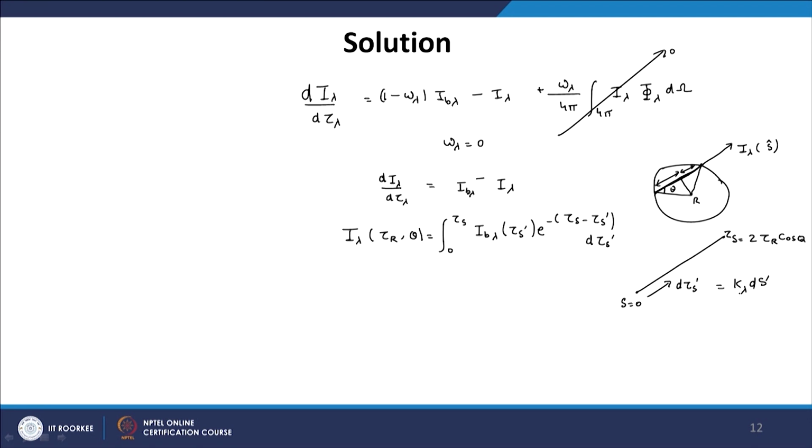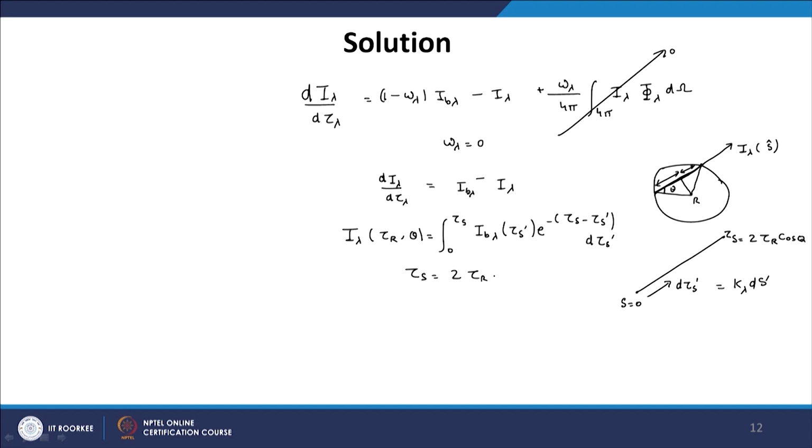So, this is the solution for this path. I lambda, which is a function of tau r and theta, is equal to the integral from 0 to tau s of I b lambda of tau s prime times exponential of minus tau s minus tau s prime, where tau s is nothing but 2 tau r cos theta. So, tau s is measured in this direction, while tau r is nothing but kappa lambda times r.